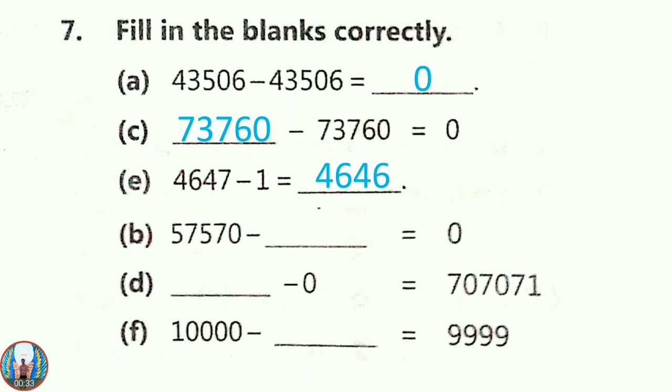Next question, if we are getting 0 in the answer, it means we are subtracting the same digit. And if we subtract 0 from any number, the number will be the number itself. And in the last question, if the answer is the predecessor, it means we are subtracting 1.